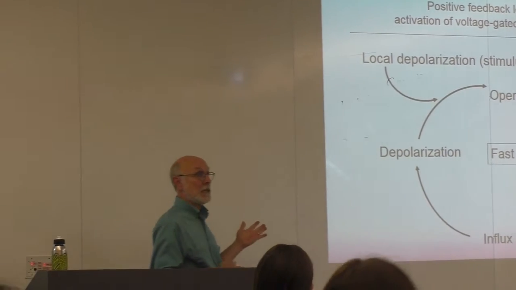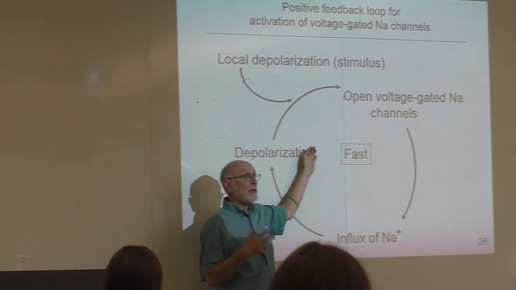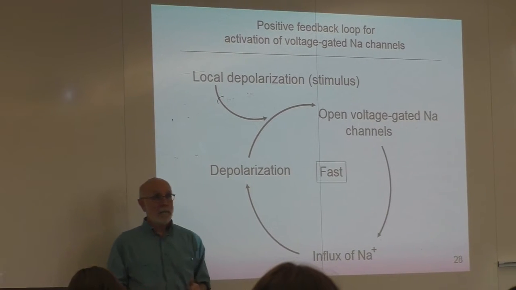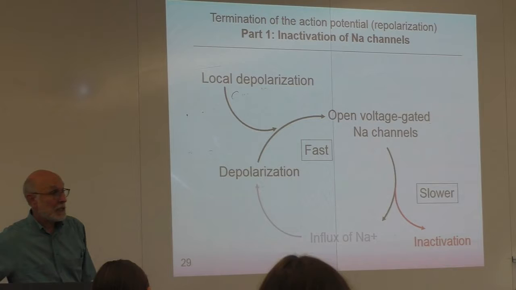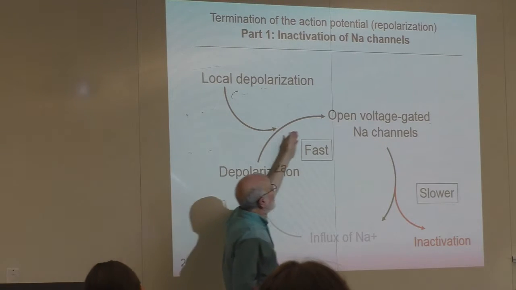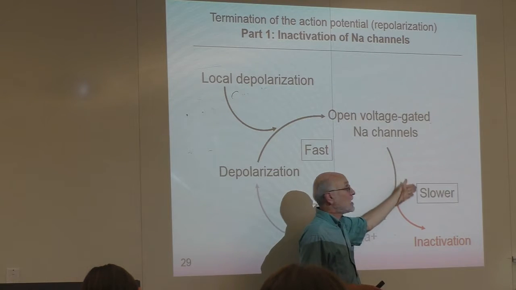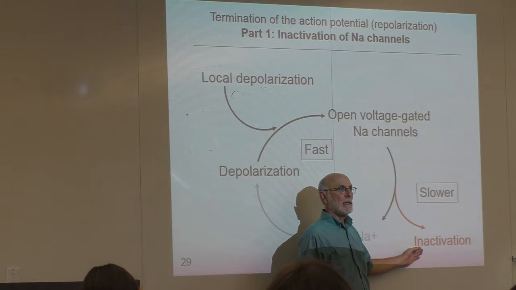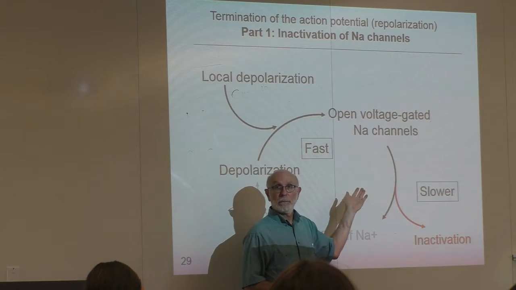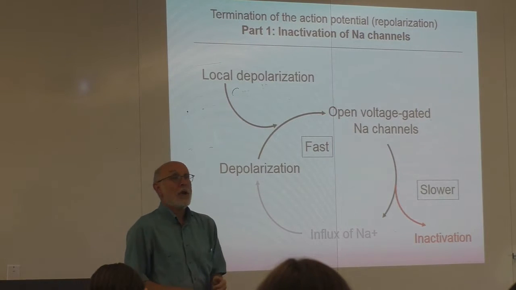So this is the Hodgkin cycle that describes the rapid upstroke, or the rapid large depolarization of the upstroke of the action potential. And then we have to stop it. Voltage-gated sodium channels, after they open, but with a slower kinetics, go into an inactivated state. So that breaks the cycle. And so the thing that is causing the depolarization is now being turned off.